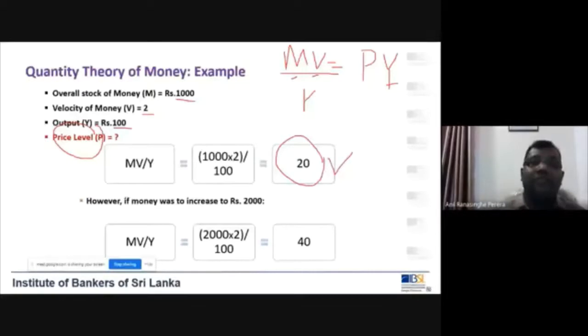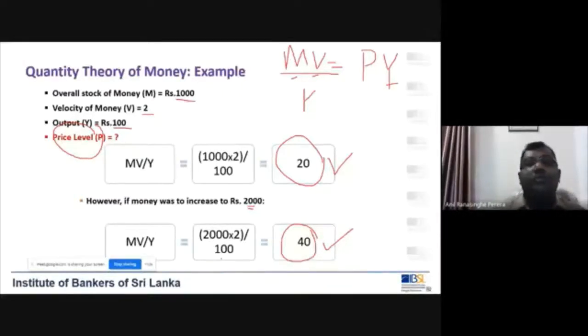However, if money was to increase to 2000, which means you are doubling the money, what can you expect? Without calculating, you can say inflation would double. It will reach 40. So you can prove it. So money supply increases to 2000, multiplied by 2, divided by 100, means 40.